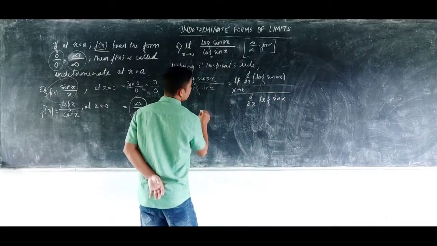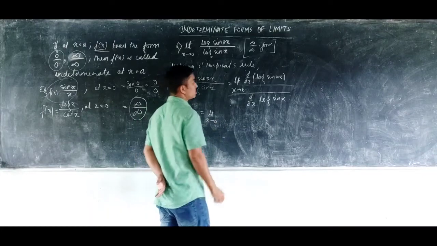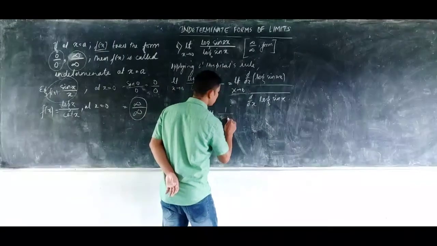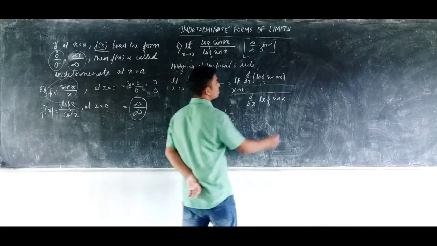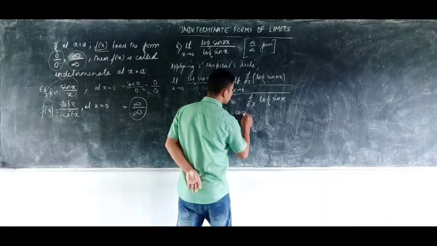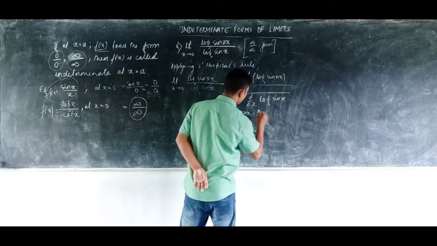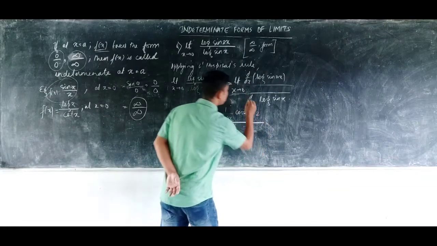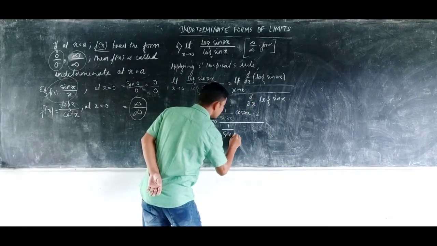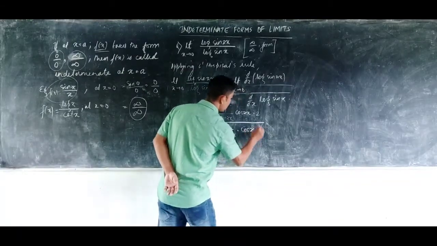Okay, so, differentiating, I will get the limit of x tending to 0. The derivative of log of sin 2x is 1 by sin 2x. Okay, now again I need to differentiate the sin 2x. So, the derivative of sin 2x is cos of 2x into, again differentiating 2x, I will get 2. So, divided by, in the denominator, the derivative of log of sin x is 1 by sin of x into the derivative of sin x, which is cos of x.